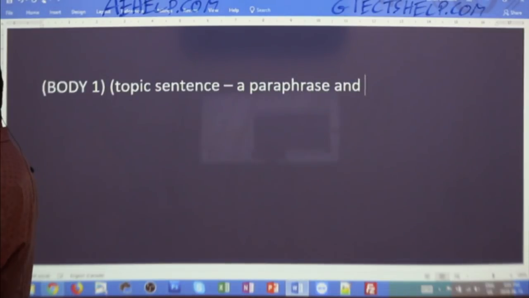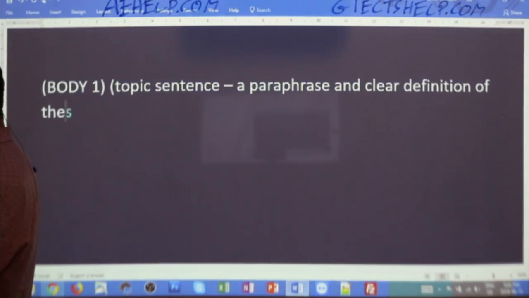Okay, so let's jump to body paragraph 1. So body 1 starts with the topic sentence. And the topic sentence is a paraphrase and clear definition of thesis point number 1, which in our case is convenient.